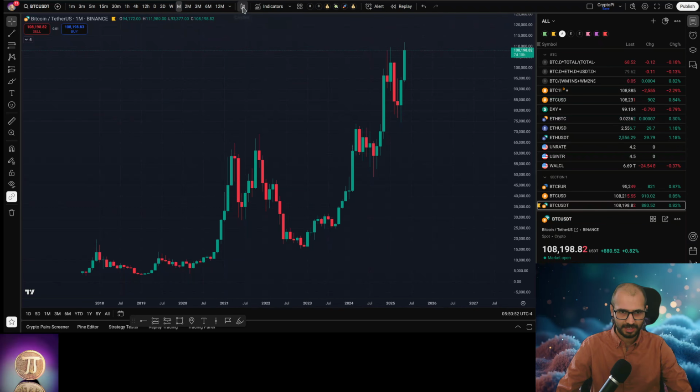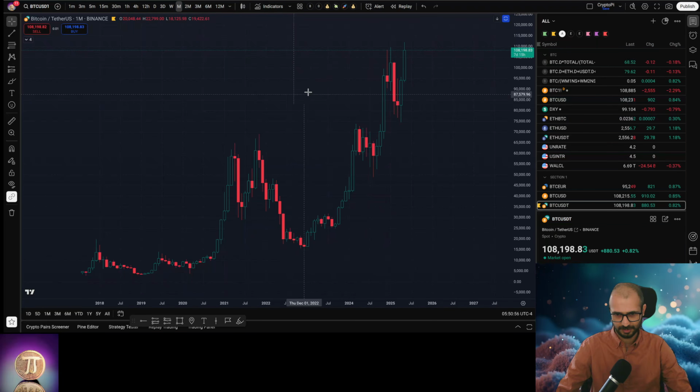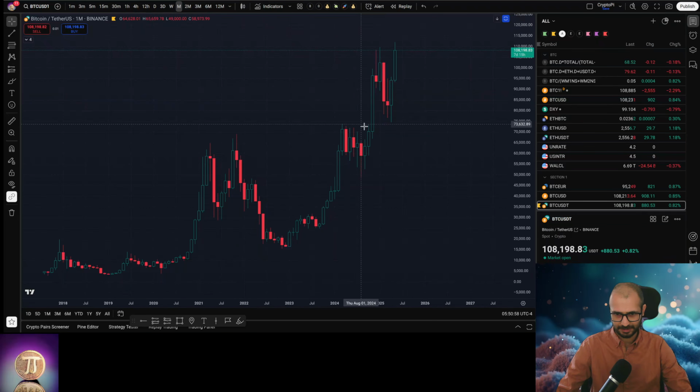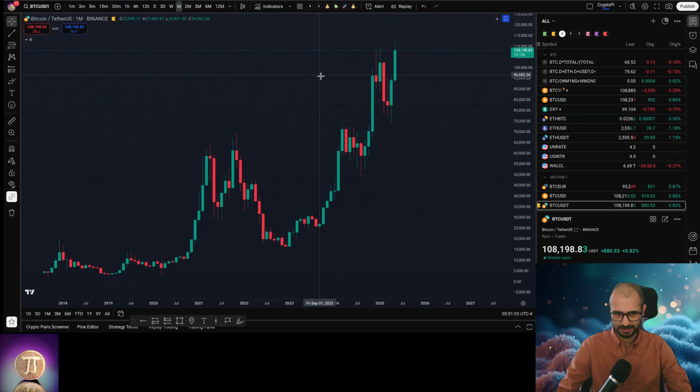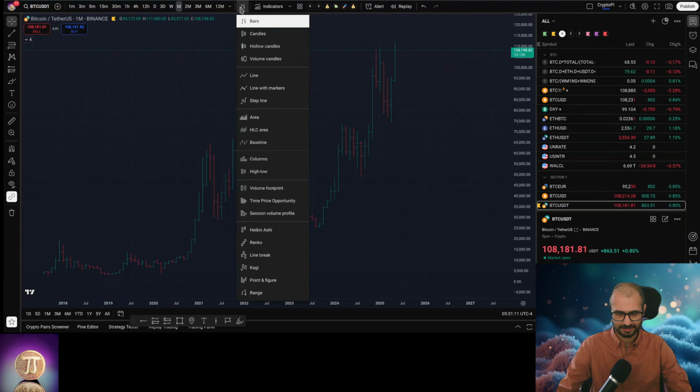You can change different types of plots as you like. Some people prefer to see it with a hollow candle. Some would like filled ones. I usually prefer the filled candles, and some people prefer just a stick style of bar patterns.